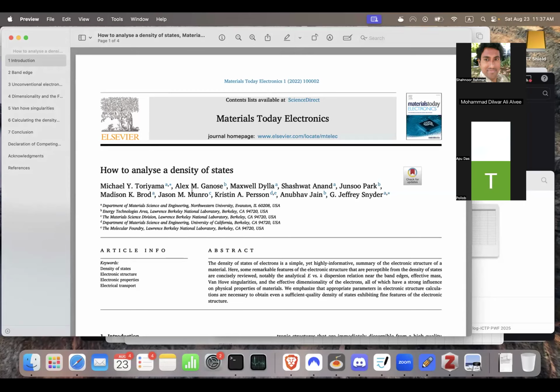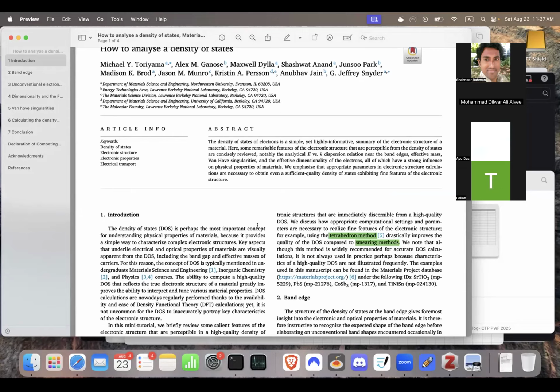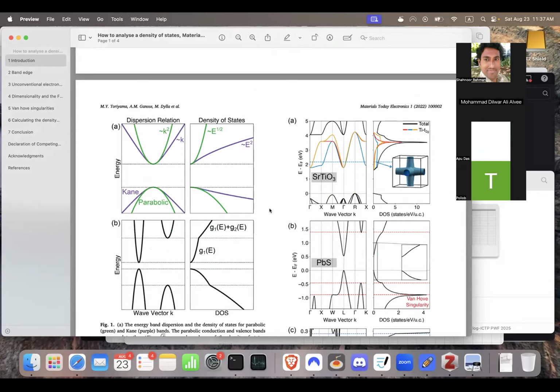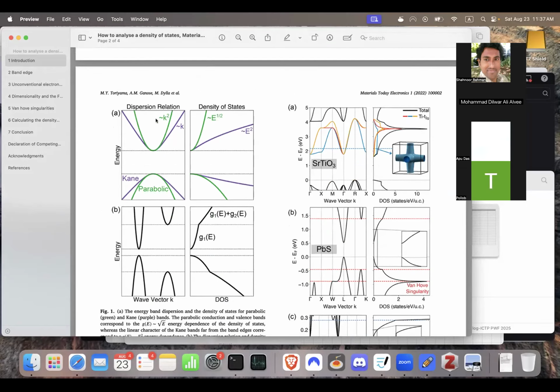Okay, so this paper, How to Analyze the Density of States by Michael Toriyama. This is an interesting paper. Here it shows if the dispersion relation is k squared, a parabolic band, then the density of states is square root of E. If the dispersion is k linear in 3D, the density of states is E squared, and those are important.